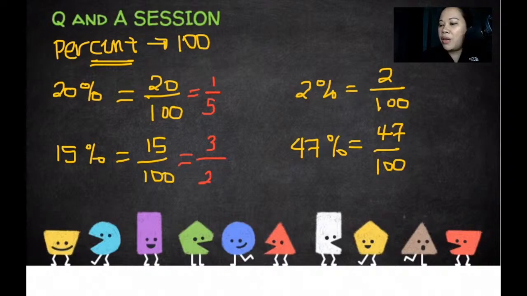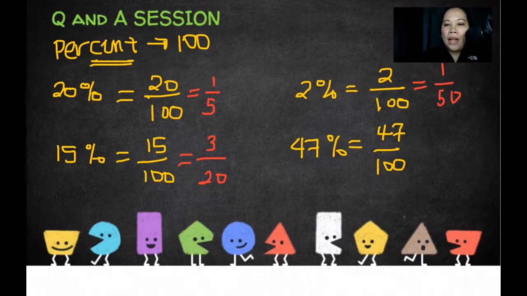So 3 over 20. The same thing with 2 over 100: 2 is common between 2 and 100. There is only one 2 in 2, and in 100, there are 50.